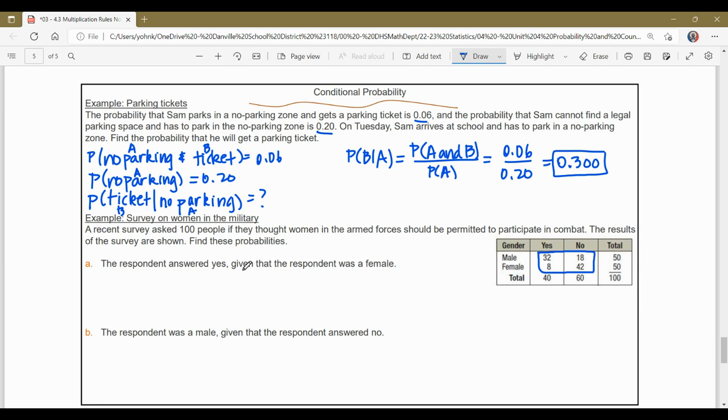All right, so given that the respondent was a female, anytime you have the word given, that goes in the denominator.